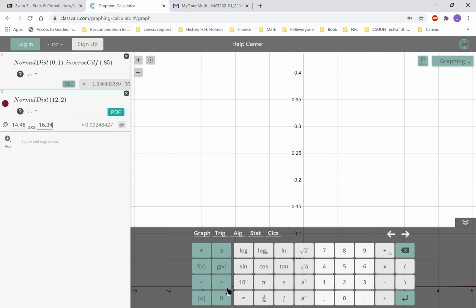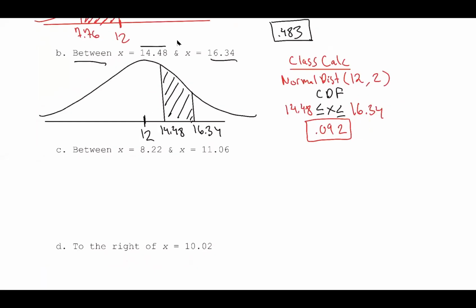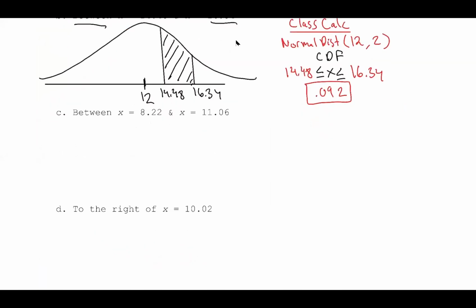All right, so we're gonna go ahead, we're gonna finish off Z. We're gonna do C. But for C, we're gonna do a little bit different. I'm gonna show you how to set up in class calc, but I'm not gonna show you entering into class calc, but I'll give you the answer.